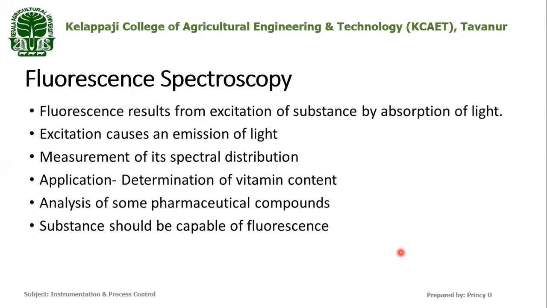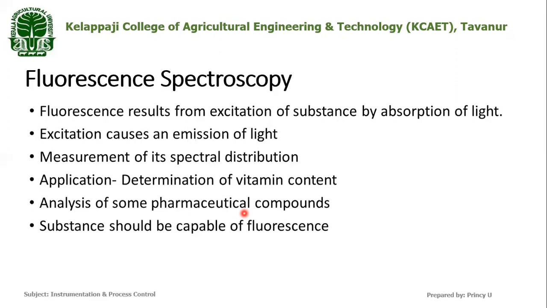This method of analysis is commonly used for determination of vitamin content and analysis of some pharmaceutical compounds. We know that in some pharmaceutical compound analysis we cannot use high temperature or heavy light radiations like infrared or UV radiations on our pharmaceutical compounds, because it will change the chemical properties of that compound, so that will not be desirable.